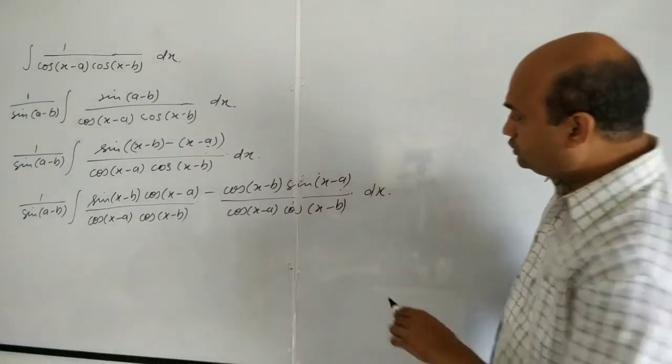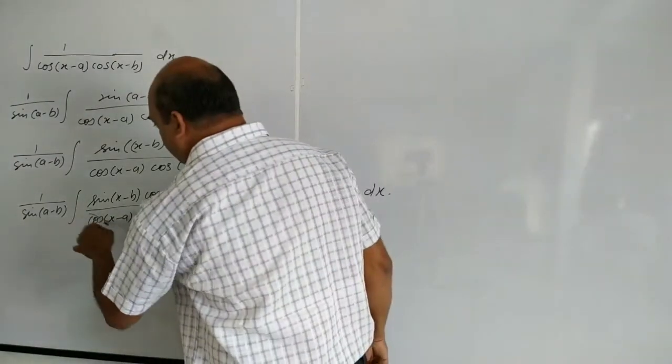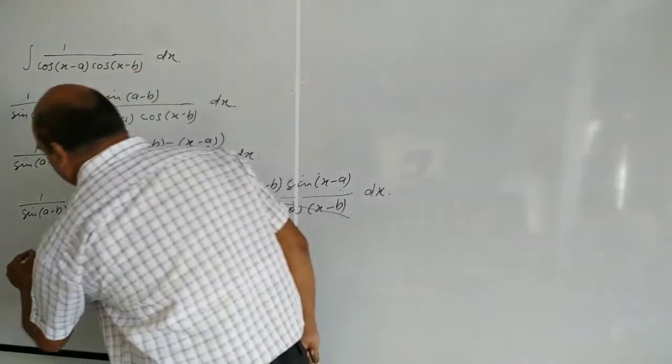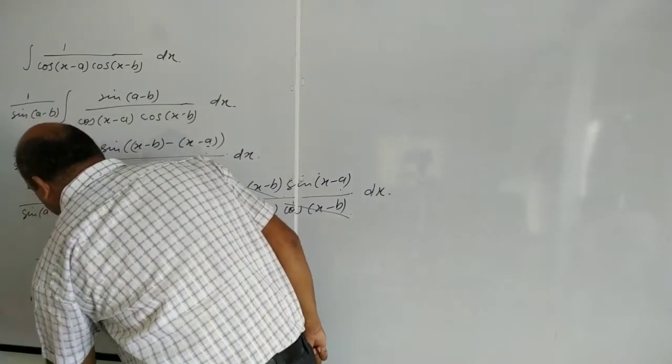Now what we do? By this cos(x-b), this we cancel, and by this cos(x-a), this we cancel. It is 1 upon sin(a-b) integration.